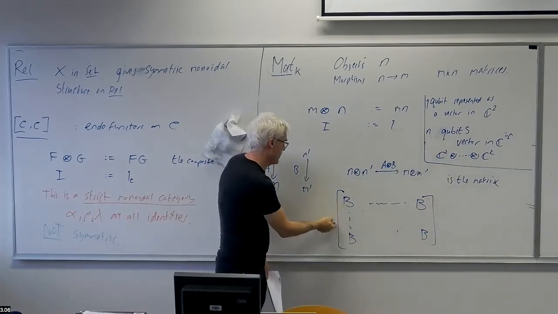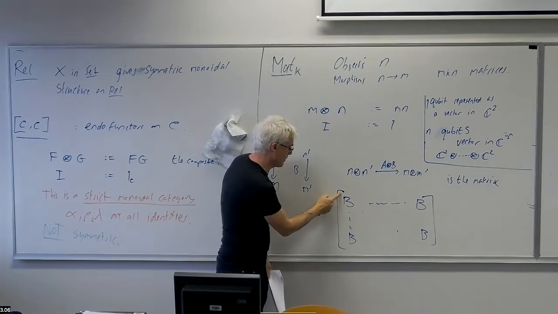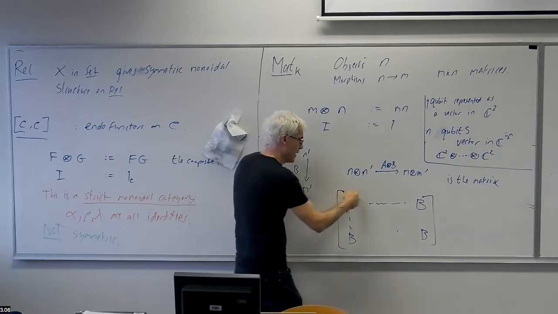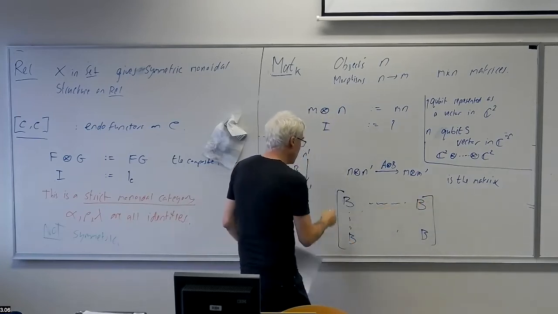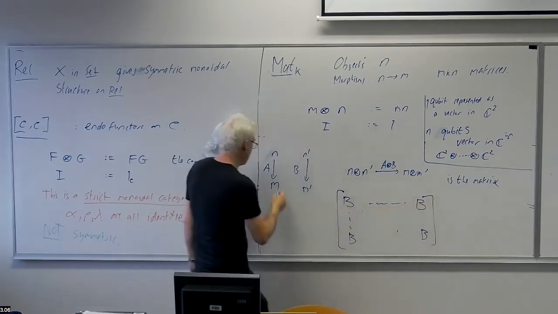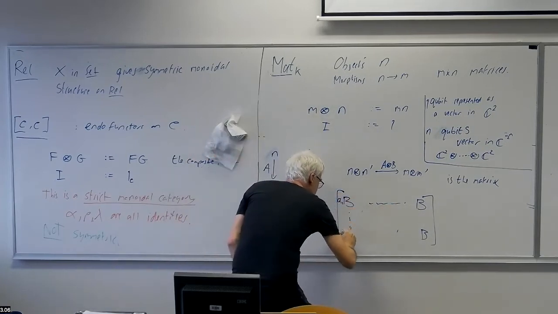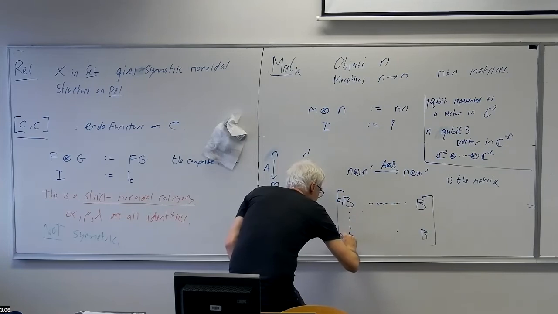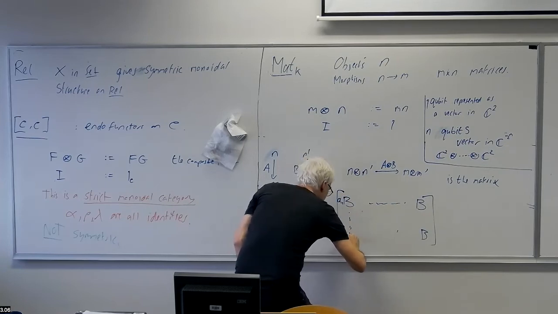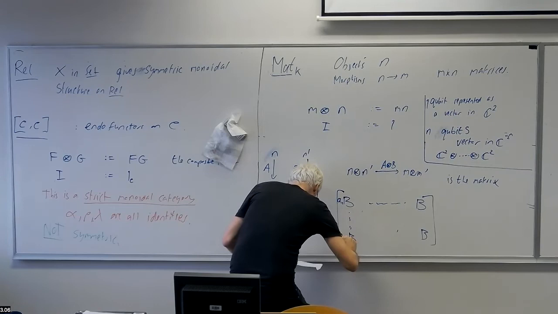So the m prime rows of B, we're considering m copies of that. So we've got m times m prime rows, and here we've got n times n prime columns. And we multiply each copy of B by the appropriate entry from A. So here we have a11. I'll use little a's for the entries.